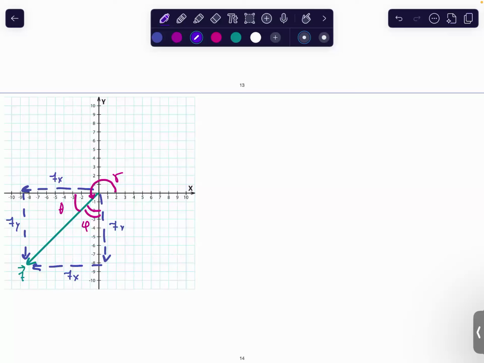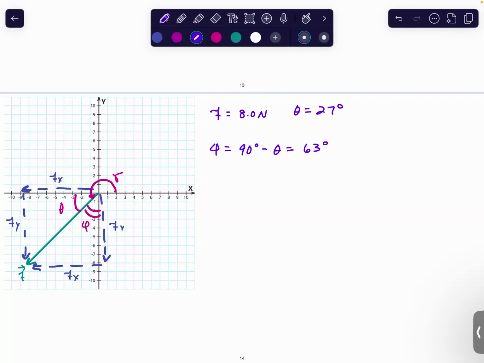Okay, so, well, definitely not to scale, but we'll just say our magnitude of our force vector is 8 newtons. Theta is 27 degrees. Phi is going to be 90 minus theta. So that's going to give you 63 degrees. Now, how would you find gamma?